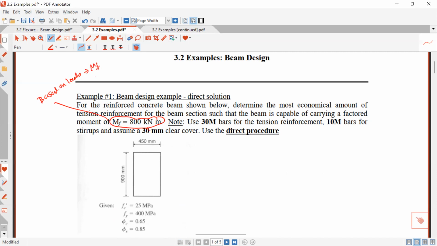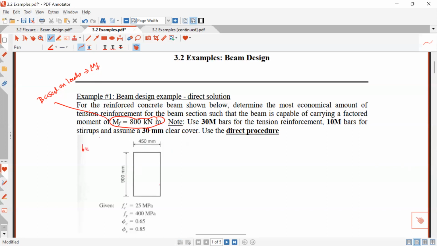So here, just to keep us in the same region, we're going to use 30 M, but in real design, you'd have the choice. You can use 20 M, whatever you want. Here in this example, we're going to use 30 M. We're going to have 10 M bars for the stirrups, and we're going to assume we have a 30 millimeter cover. And we're told to use the direct procedure. There are some other properties. They've also chosen the cross section.